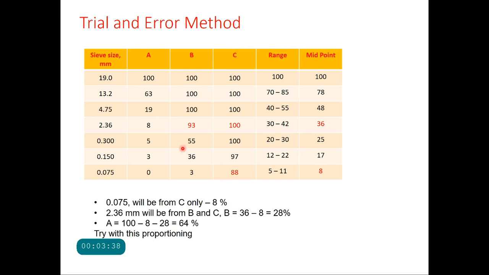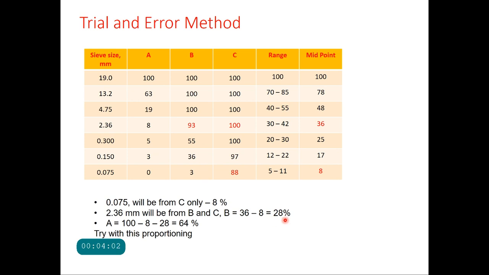Now the second critical sieve is 2.36. See here, it is 36% for the midpoint, and it is 93%, 100% for the others. So this 36% will be met by B and C. If you take 36 minus 8, that gives you 28%.